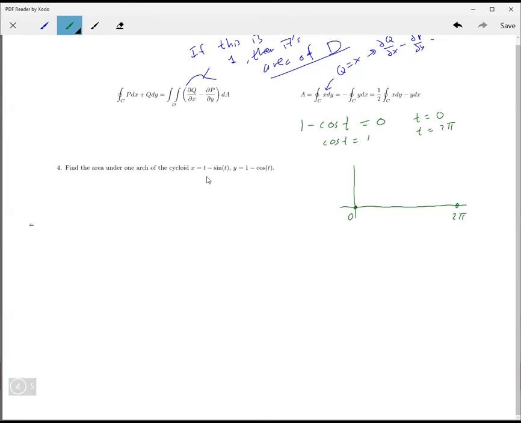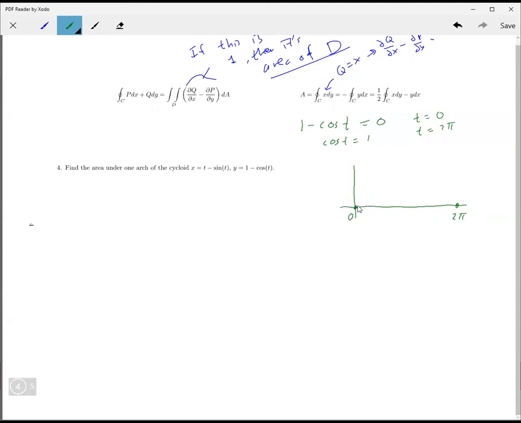And then the x component is t minus sine t, and when t is 0, we get 0, and when t is 2 pi, you get 2 pi. So the x component also matches up with this, okay? So the y component and x component are both 0 here and 2 pi there. So this could be the x-y axis or it could be the y-t axis, either way.